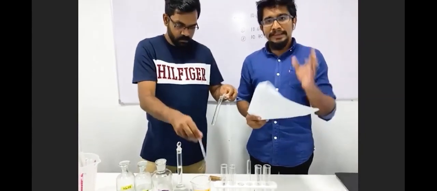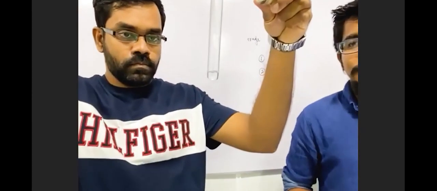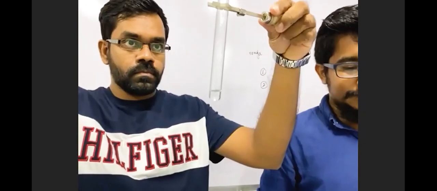Roughly 1 centimeter depth. Always use what they say, because the observations are very clear when you follow that. It's not 1 centimeter cubes, it's 1 centimeter, the height. Then add a small spatula measure of FA6 to the acid.